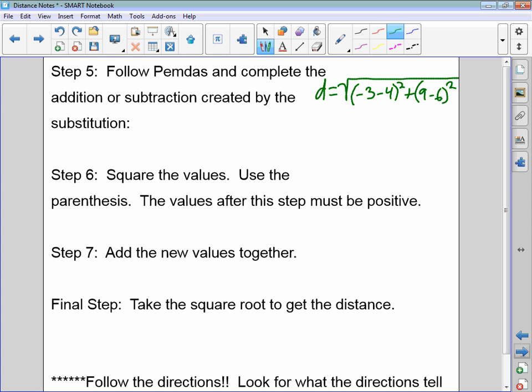I'm going to do those subtraction problems. The distance equals negative 3 minus 4 is going to give me negative 7 squared, plus 9 minus 6 is going to give me 3 squared. Again, I'm keeping the parentheses so that when I square these values, I get the accurate number.